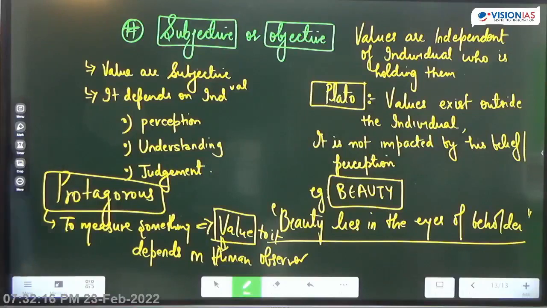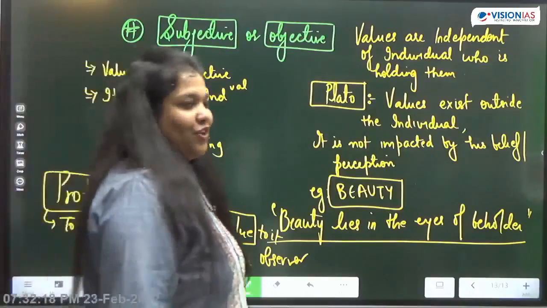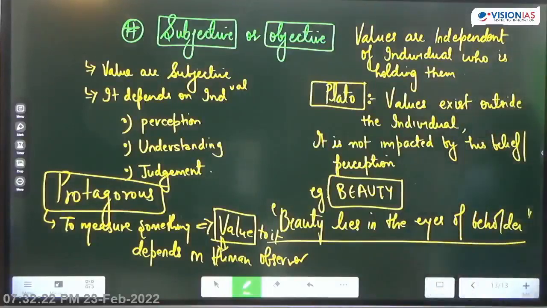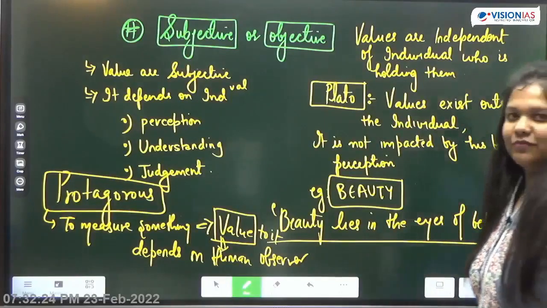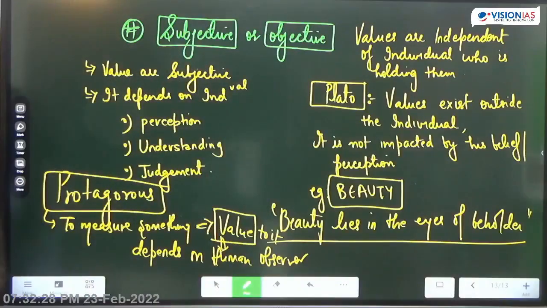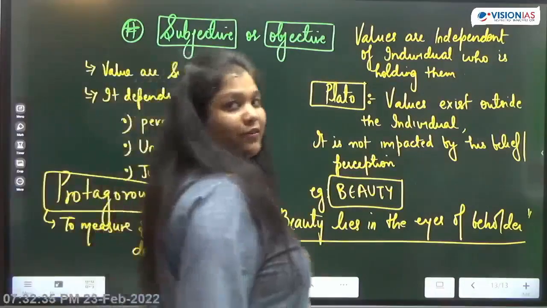Your understanding of patriotism can be very different from mine. Your definition of beauty can be very different from mine. Is that very clear? What do you understand about truth? What is good according to you? There can be different interpretations to that, right?